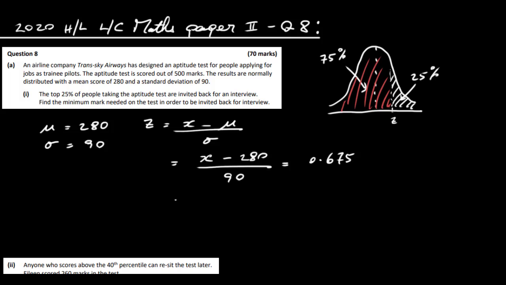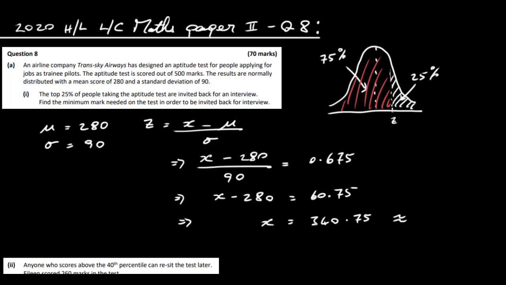Now let's just work that out. What we need to do here is just multiply across by 90 first. So if we multiply across by 90, we'll get x minus 280 is equal to 60.75. And then finally we'll just add 280 to both sides, and that'll give us 340.75.